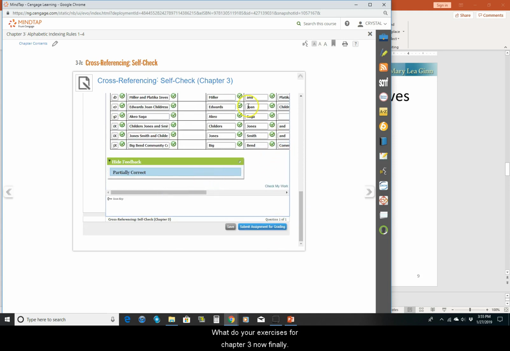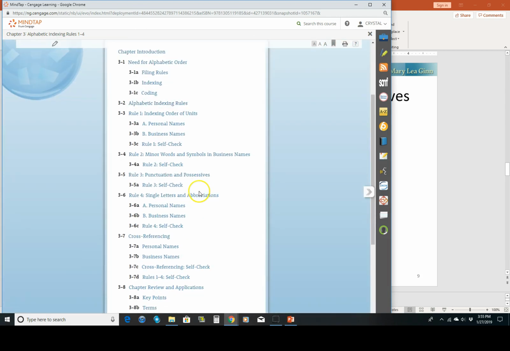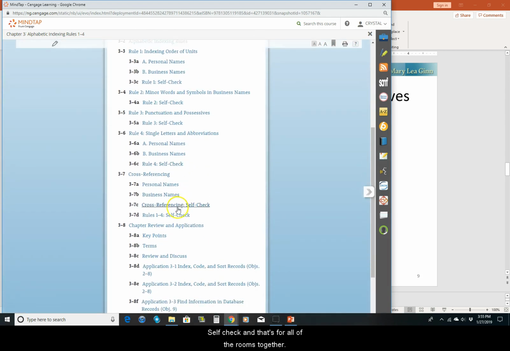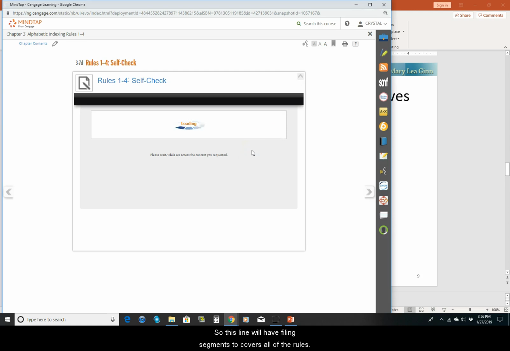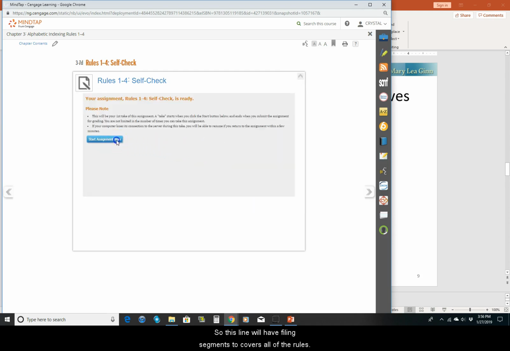Now finally, you have one last self-check, and that's for all of the rules together. So this one will have filing segments that cover all of the rules.